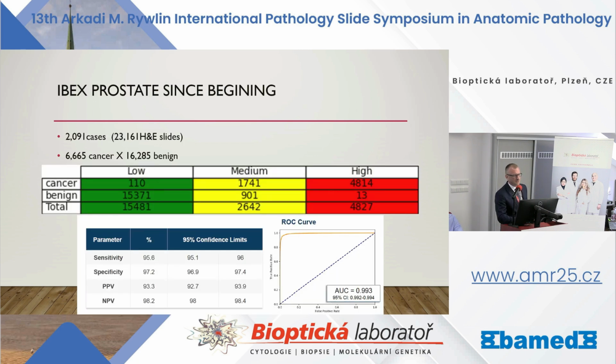We have over 2,000 cases with over 23,000 slides evaluated, over 15,000 in green, and just 110 carcinomas. In red, we had almost 5,000 slides with carcinoma, and only 13 were benign. In the medium tier, you get 2/3 cancer, so let's say 50-50. Sensitivity, specificity, and the predictive values are really high.